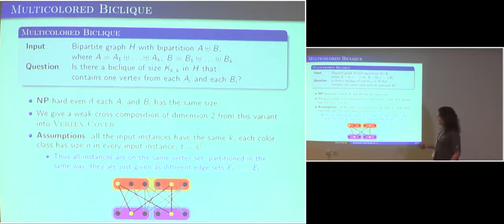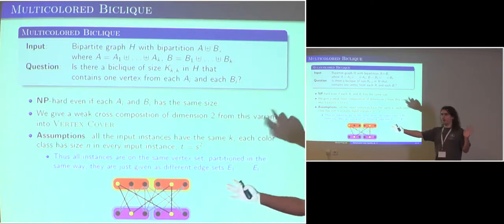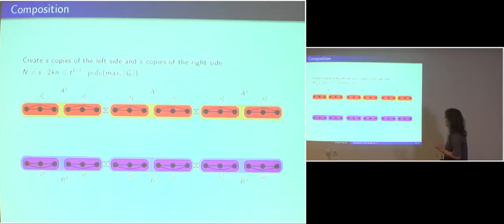All of those graphs are just different edge sets on exactly the same vertex set. Yes? And I've got t of them. And now I would like to create one instance of vertex cover, on possibly a larger graph. So what I do, I copy each of the sides, the upside and the downside, s times.